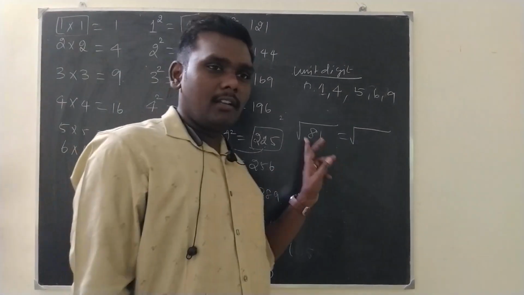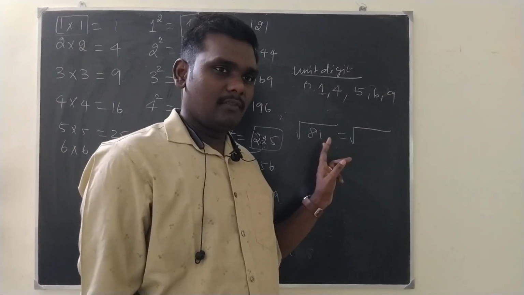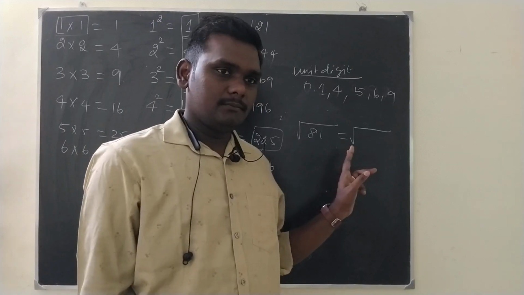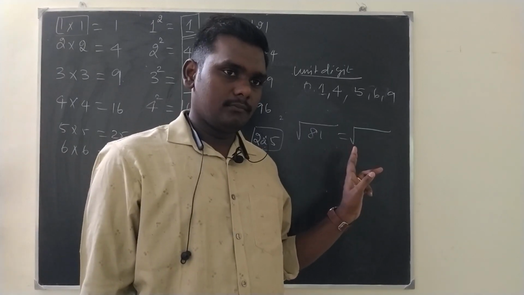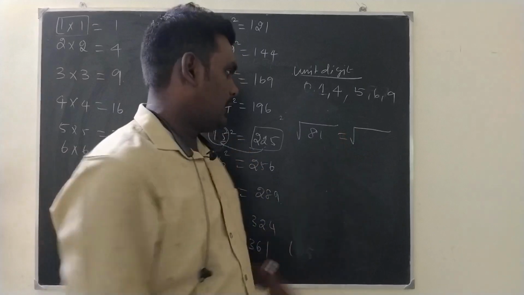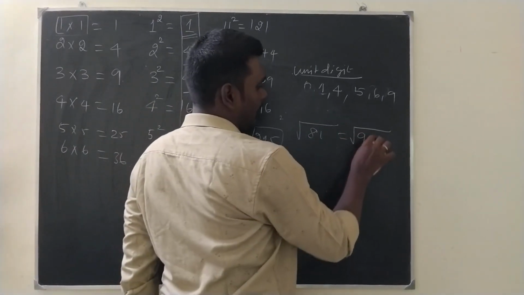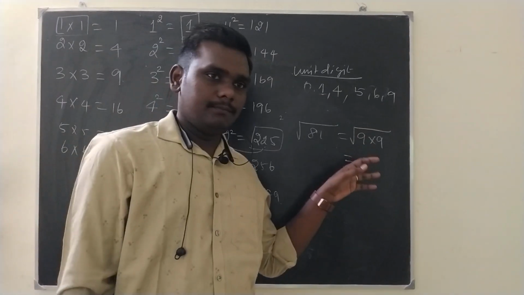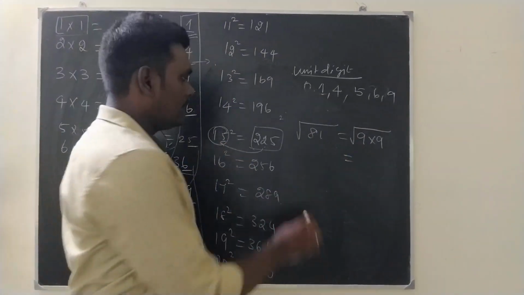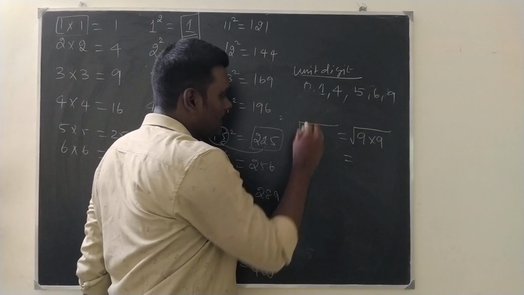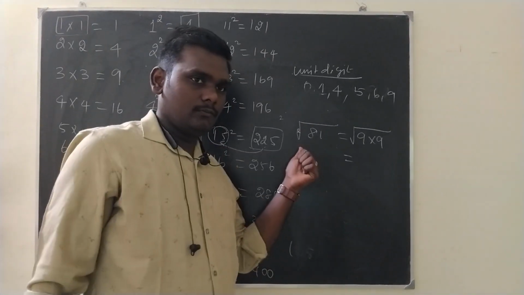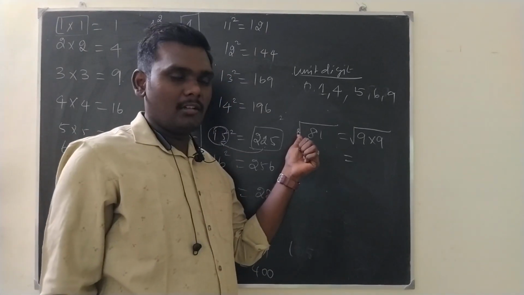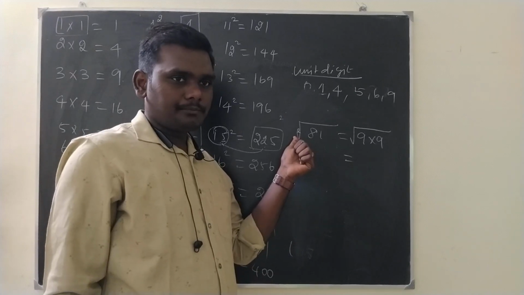Is this a product of a number with itself? Do you find any such number? 9, yes. So this can be factored as 9 9s. Whenever the square root symbol has no number on it, it means 2. When it is 2, we don't need to mention it because that is the first root.